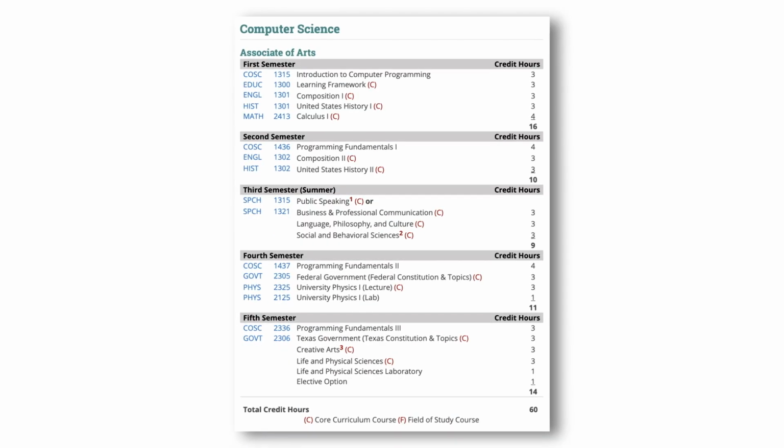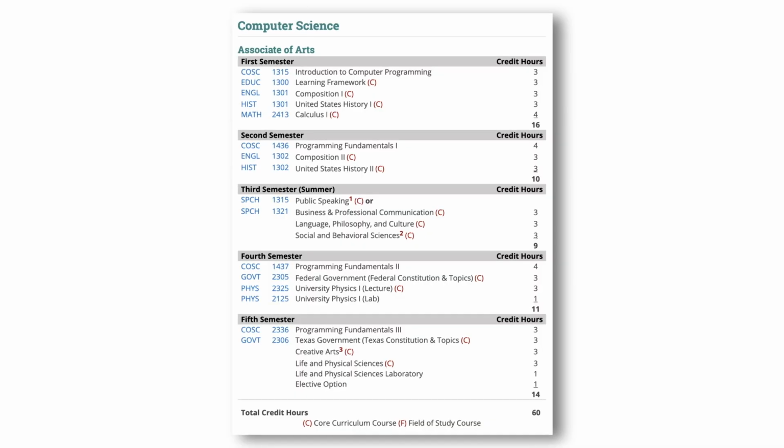As a matter of fact, if you see right here on your screen, what we've been doing in computer science is that we have a couple of courses in computer programming. Computer science, by the way, these are the ones that transfer to a 4-year institution like UTEP or NMSU or Sul Ross. And we not only teach you how to do programming, how to use critical thinking, but we also infuse adversarial thinking in our degrees.